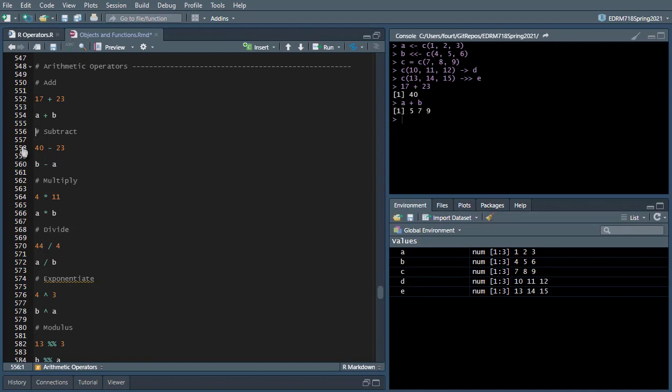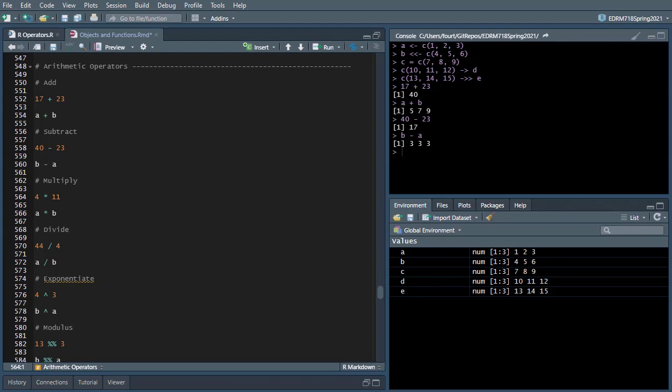Similarly, for subtract, we use the minus sign, 40 minus 23, 17. And similarly, we can use the subtract on vectors, and we'll get 4 minus 1, 5 minus 2, 6 minus 3, so we get a vector of 3s.